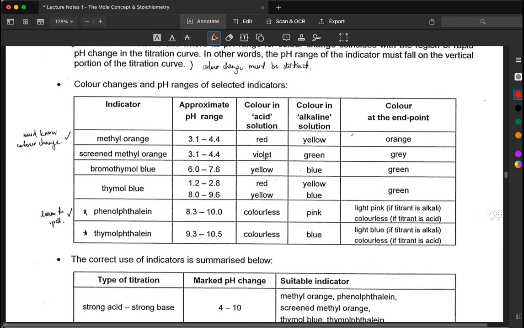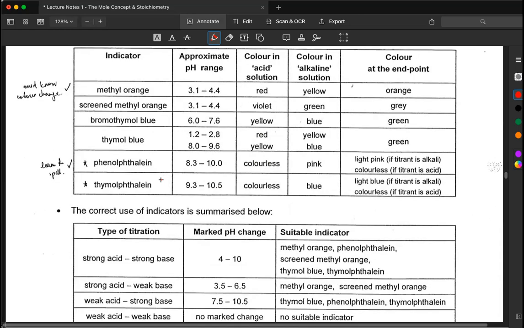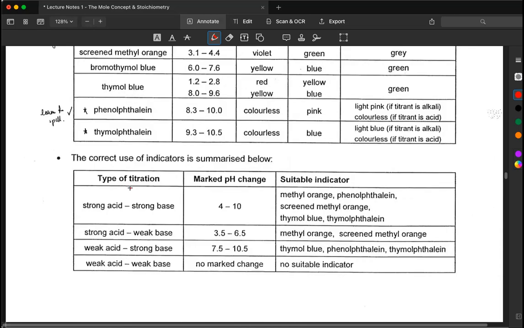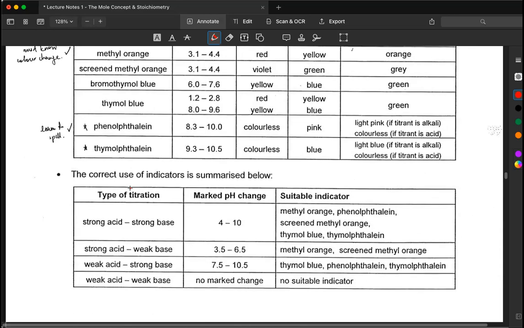If you can remember for methyl orange, good. Bromothymol blue is another popular indicator. Thymol blue, phenolphthalein, thymolphthalein. And the correct use of indicators is summarized below.